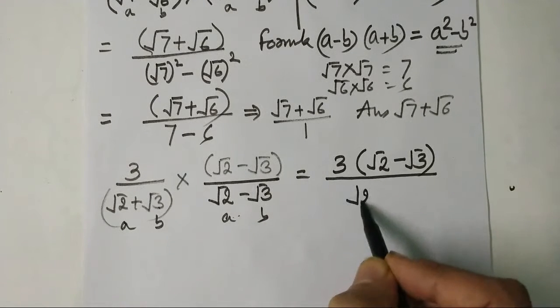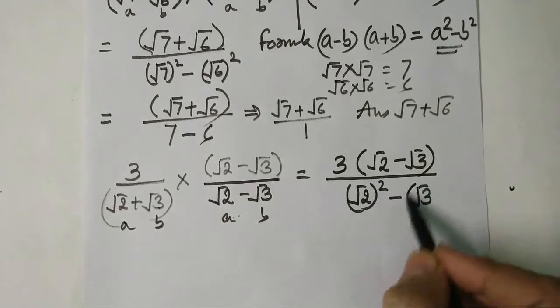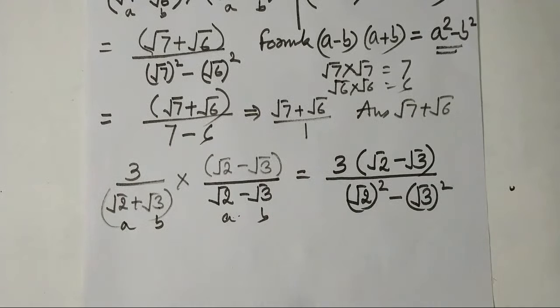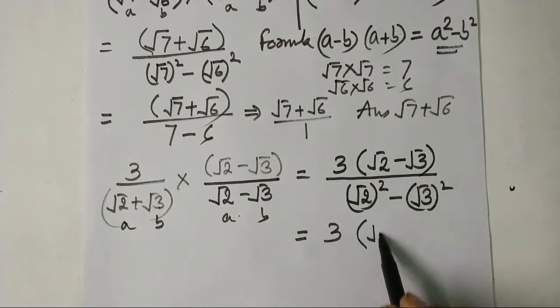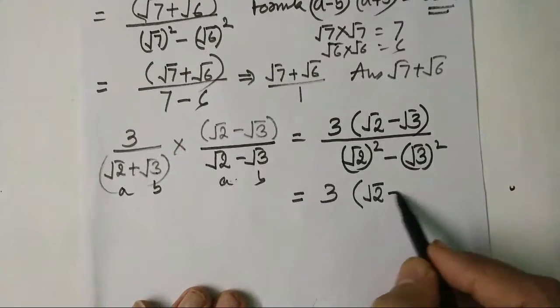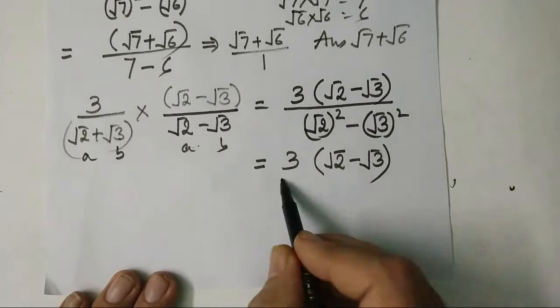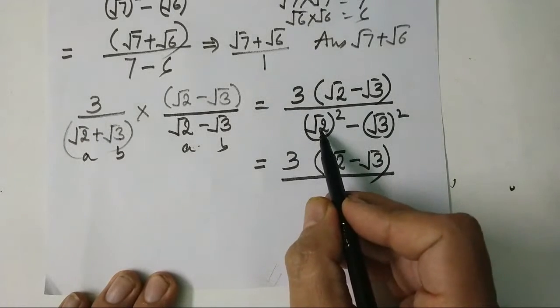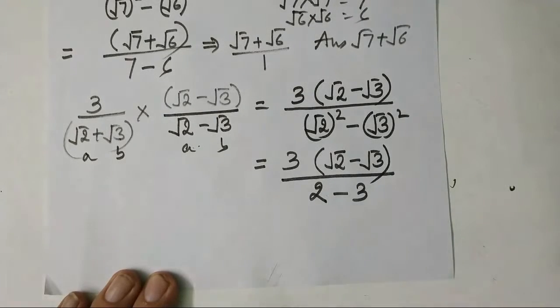It will become root 2 square minus root 3 square. Now the numerator is 3 into root 2 minus root 3, and the denominator will become root 2 square will become 2, 3 square will become 3.